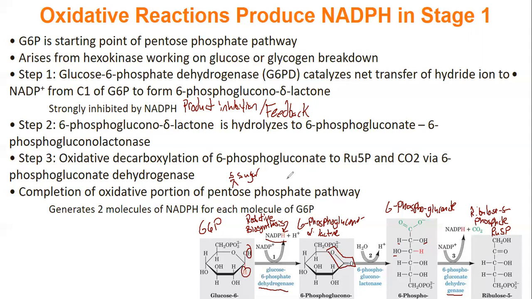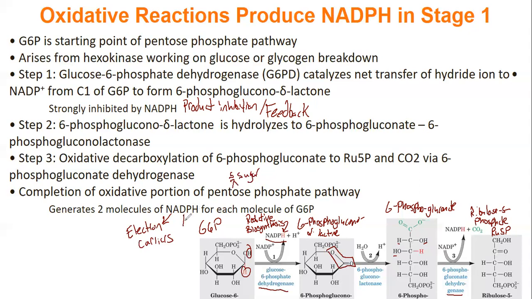So for every 1 molecule of G6P that goes in, we get 2 molecules of NADPH. Remember, NAD or NADP, whenever you see that, electron carriers, don't forget about that. If it has the hydrogen, it already has the electrons on it. We can then use those molecules to do other reactions.